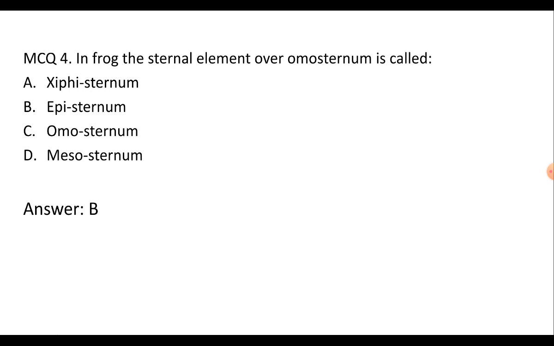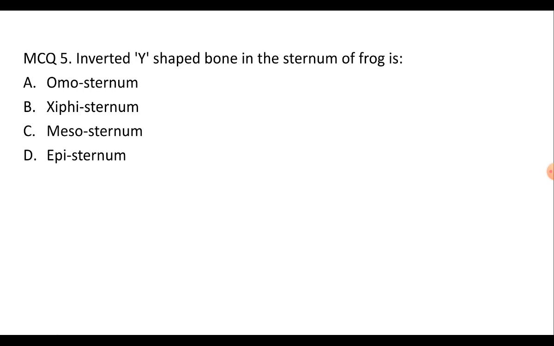The answer is B. The fifth question is, the inverted Y-shaped bone in the sternum of frog is the omosternum, episternum, mesosternum, or xiphisternum? The answer is A. It is the omosternum, which has a Y-shaped structure.